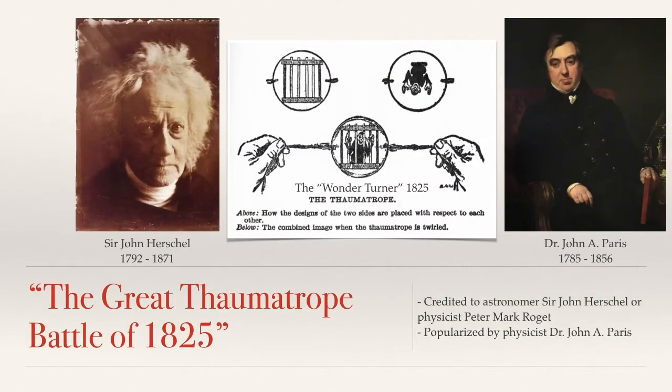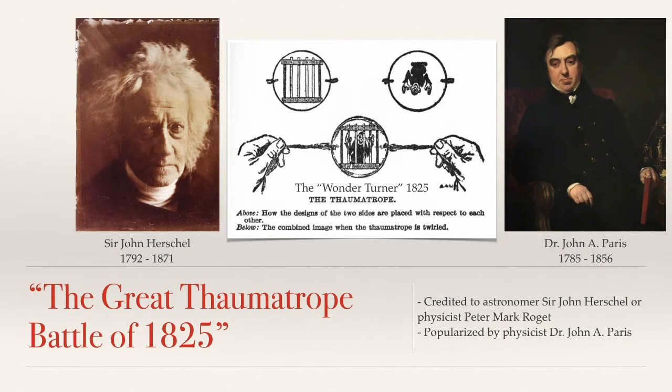It's often been credited to the astronomer Sir John Herschel, but as we'll see in a second or two, he was about 30,000 years too late, because his version of the thaumatrope, as we know it, came out around 1825. But let's stay in the Common Era for now.